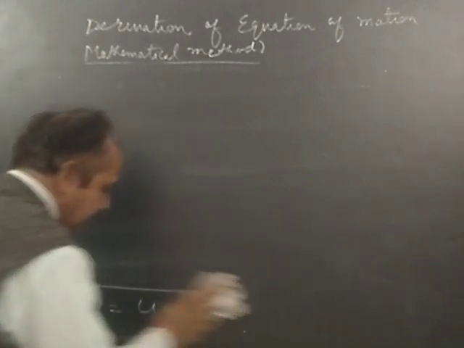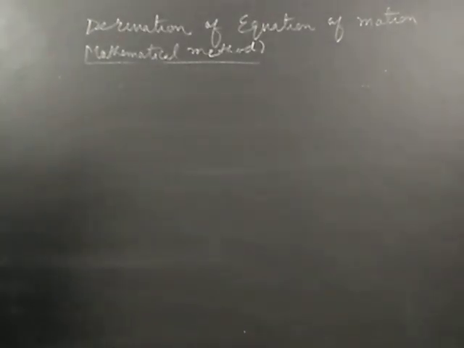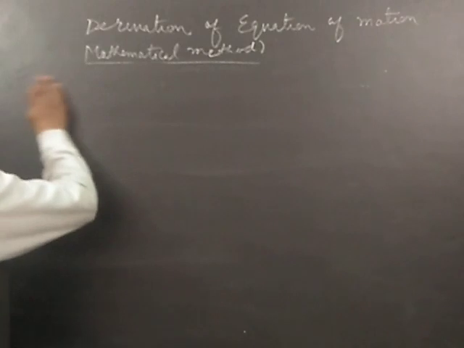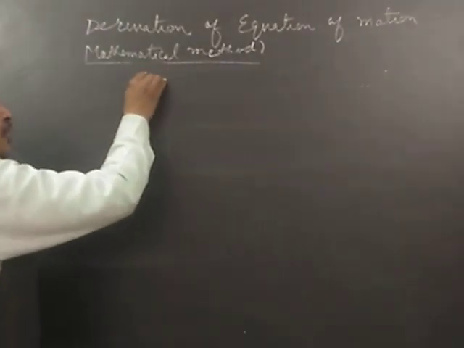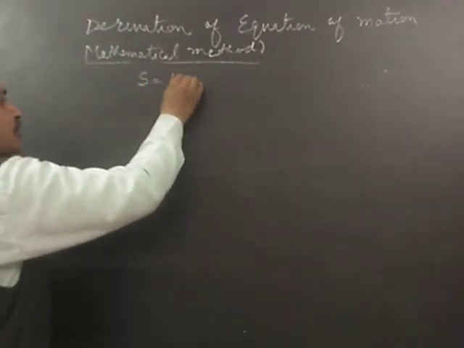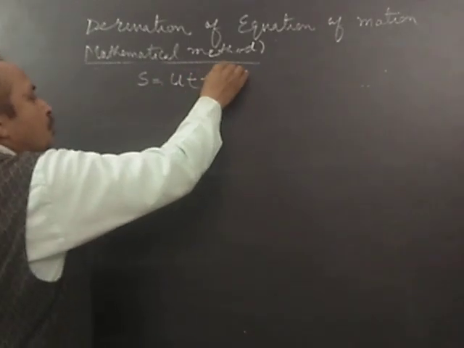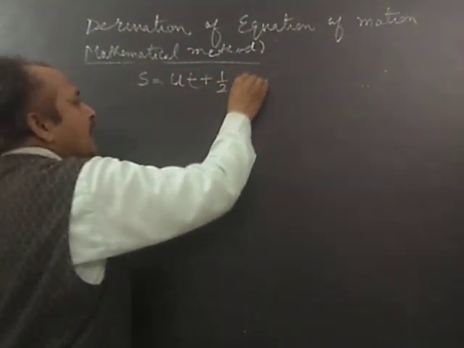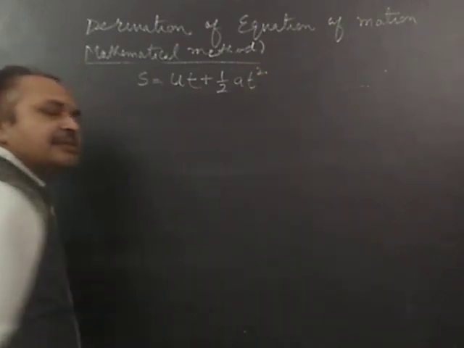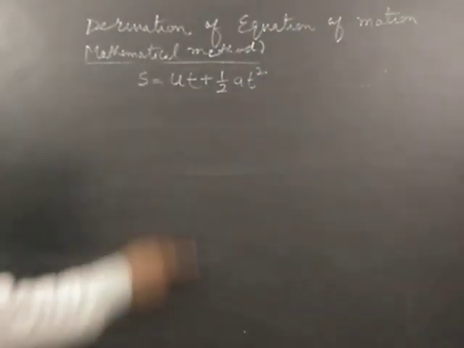Next is the article for our second equation of motion, which will also be discussed along with these articles. The second equation of motion, my dear friends, everybody knows, is s is equal to ut plus half at square.